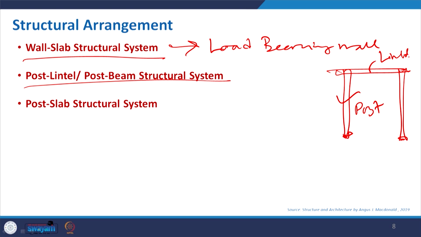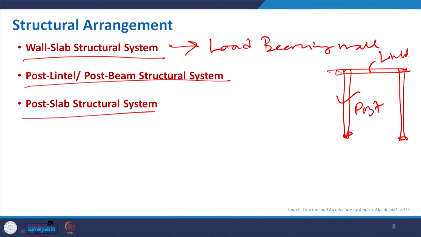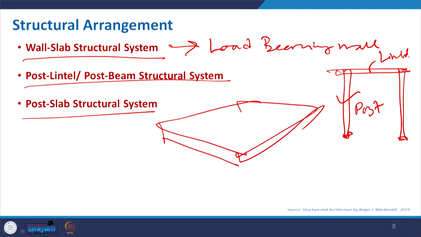In history also we have seen this kind of thing, even the Parthenon is a post lintel type of structure. Then post slab is something different, where there is no role of the lintel. So, directly we support the slab with post or the column.